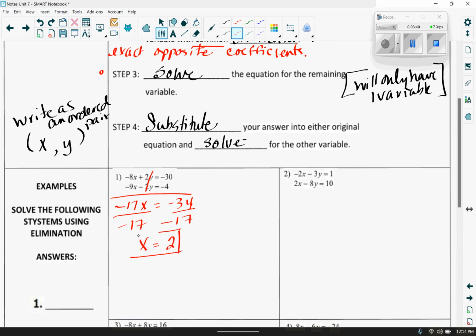So once I have the x value, now I'm going to substitute it into one of the originals. I don't care which one. I'm going to go with the one with the lowest numbers. So I'm going to use negative 9 times 2 minus 2y equals negative 4. That gives me negative 18 minus 2y equals negative 4.